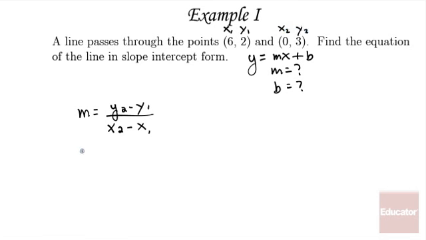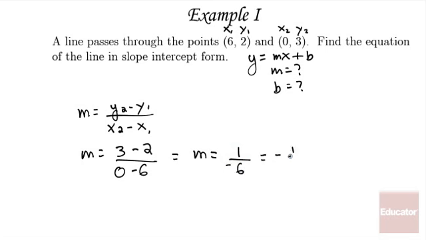Applying those to this equation, m equals y2, which is 3, minus y1, which is 2, divided by x2, which is 0, minus x1, which is 6. Go ahead and simplify that to find that the slope equals 1 divided by negative 6, or negative 1/6.